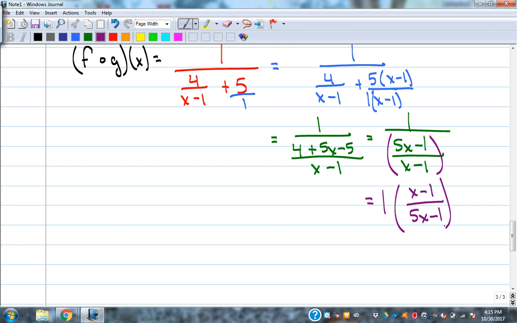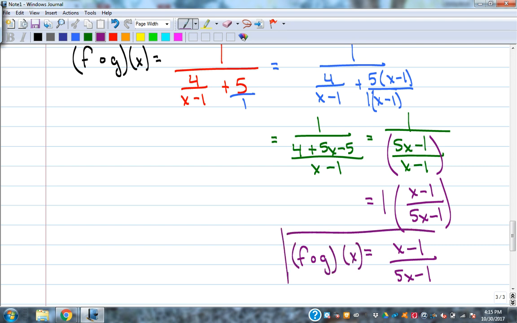Reciprocal. And then 1 times that just gets you that back. And there's our composite function. Good deal of work to get there, but definitely something worth seeing.